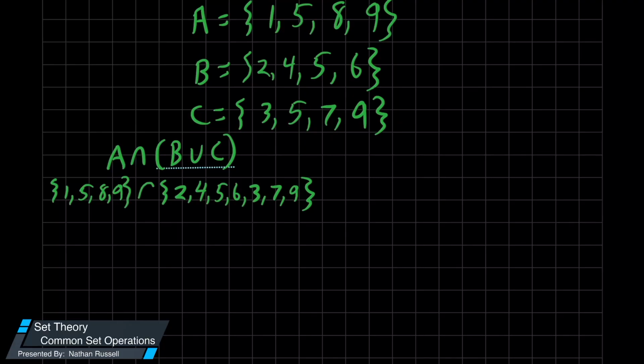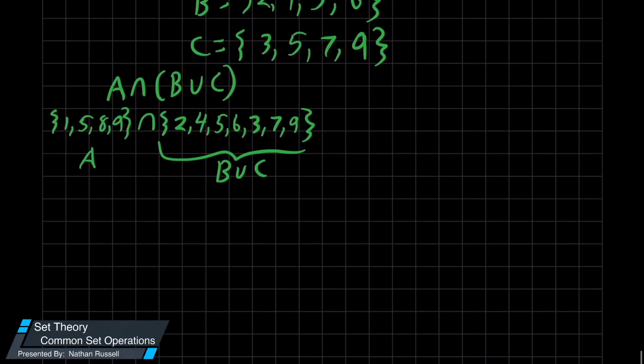But we're going to take the intersection, because now that we've got this result, this is B union C, and over here we just have A. Okay, so walking it down a bit, we find the intersection, not 1, but it's going to be 5, not 8, but 9. So we have that complete.